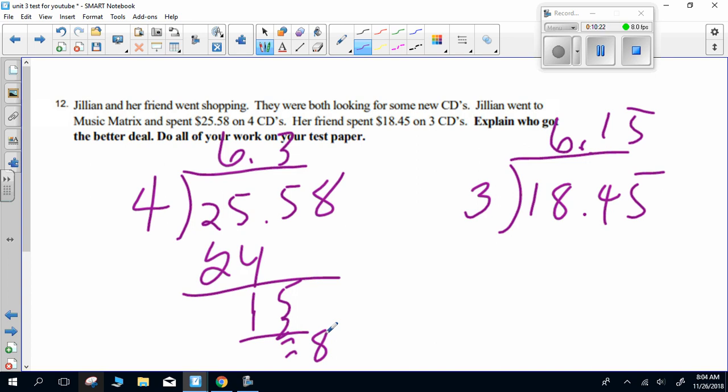When I do that, I've got about $6.40 for Jillian's. So the person who gets the better deal is the person who pays less, so that would be Jillian's friend.